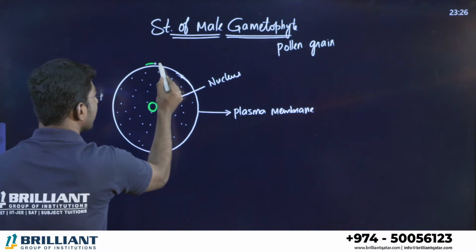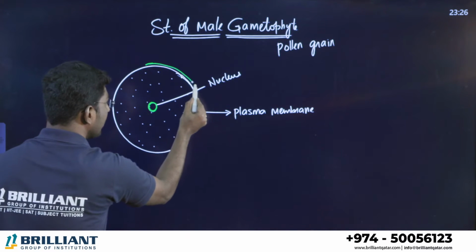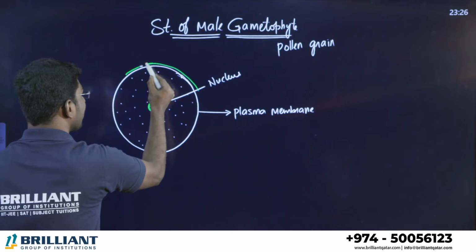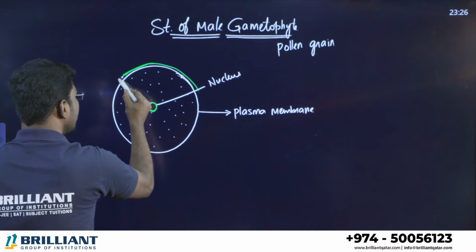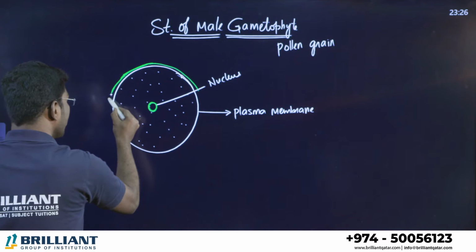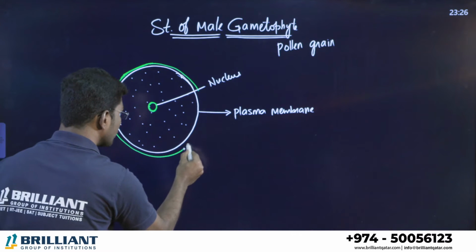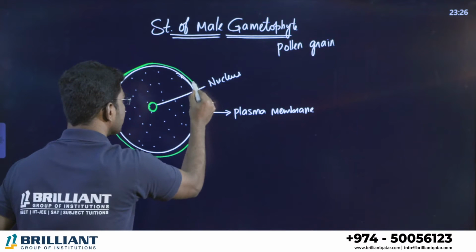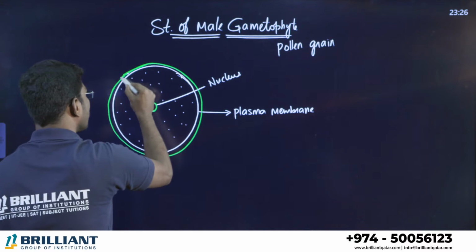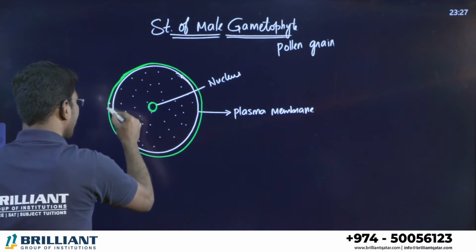So this layer we call intine. Many times in the examination the question has been asked, intine is made up of cellulose and pectin. Keep in your mind, this layer is called intine.